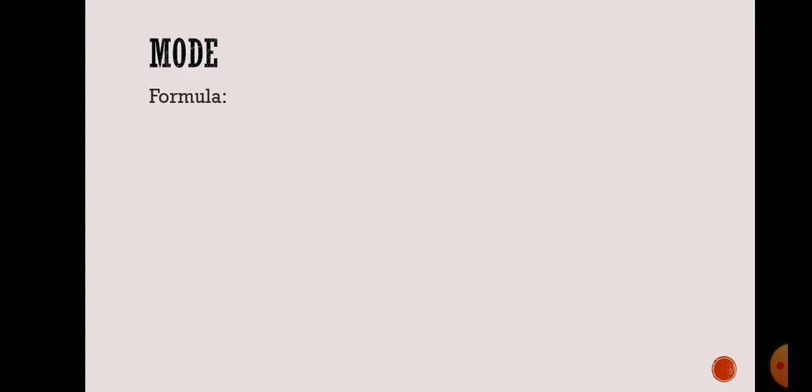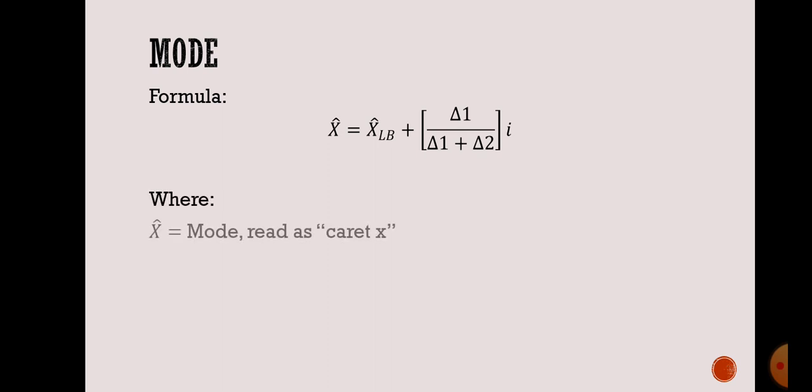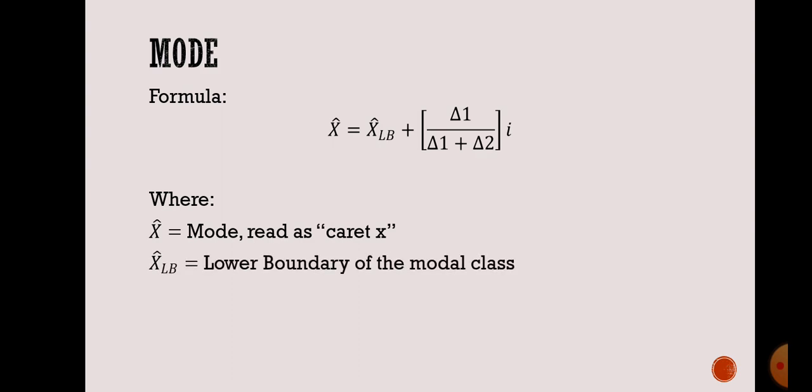So this will be the formula to use in computing for the mode of group data. We have caret x, which will represent the mode. And then we have caret x sub LB, which will be the lower boundary of the modal class.